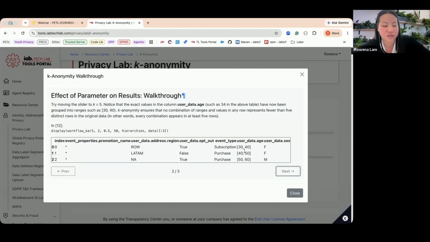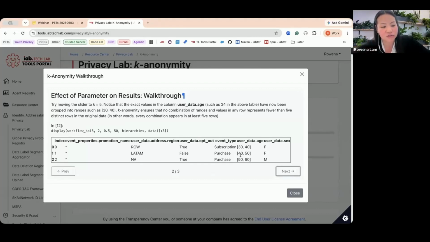And so really with this, the trade-off is precision. You're trading exact ages for age bands, and that's the negotiation at the heart of every PET, privacy versus analytical fidelity. What K you ultimately choose depends on a lot of things, like your risk tolerance and data sensitivity.